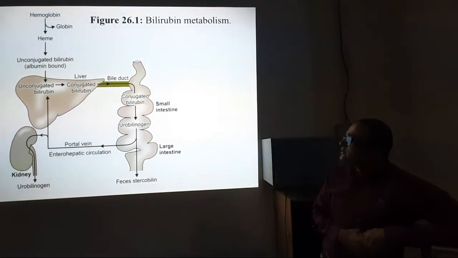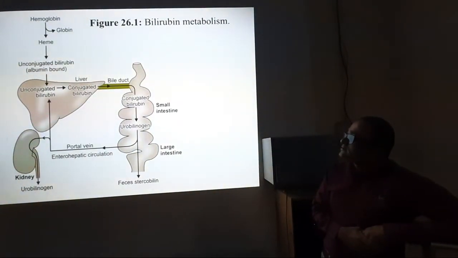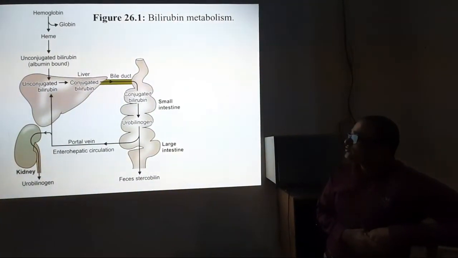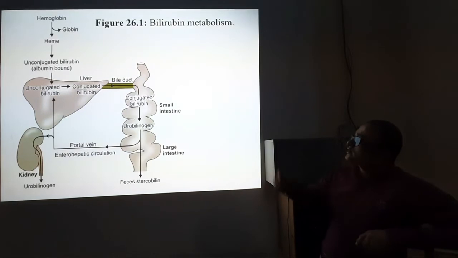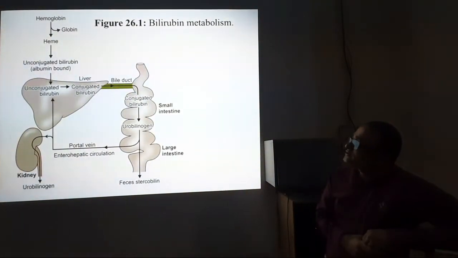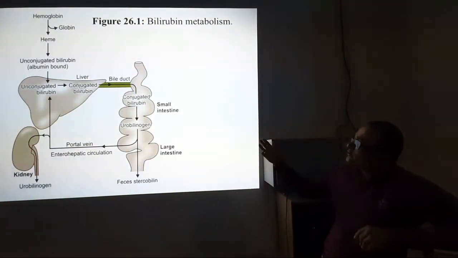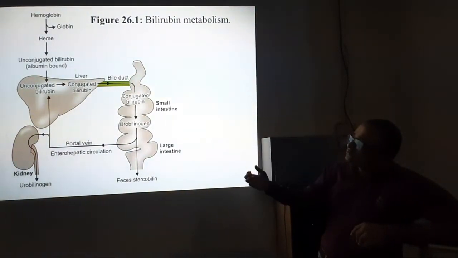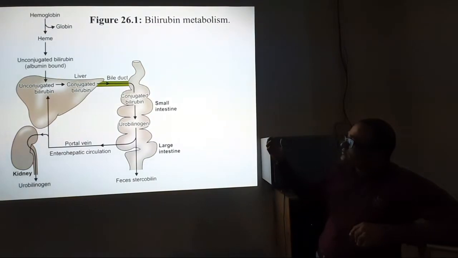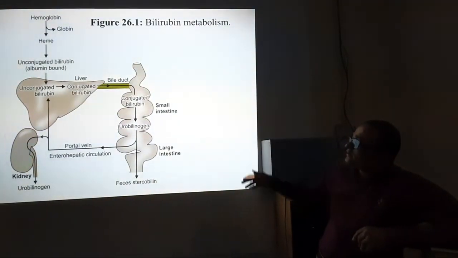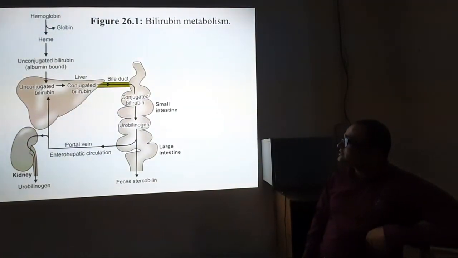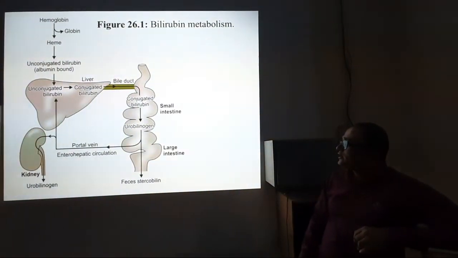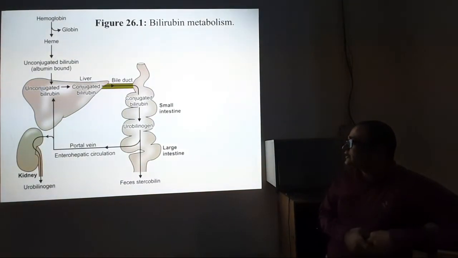This urobilinogen is partly recycled to the liver and partly excreted by the kidneys as urobilinogen. In the feces, urobilinogen is again converted into stercobilin, and the bilirubin is excreted through the feces in the form of stercobilin. So in the urine you will get urobilinogen, and in feces you will get stercobilin.